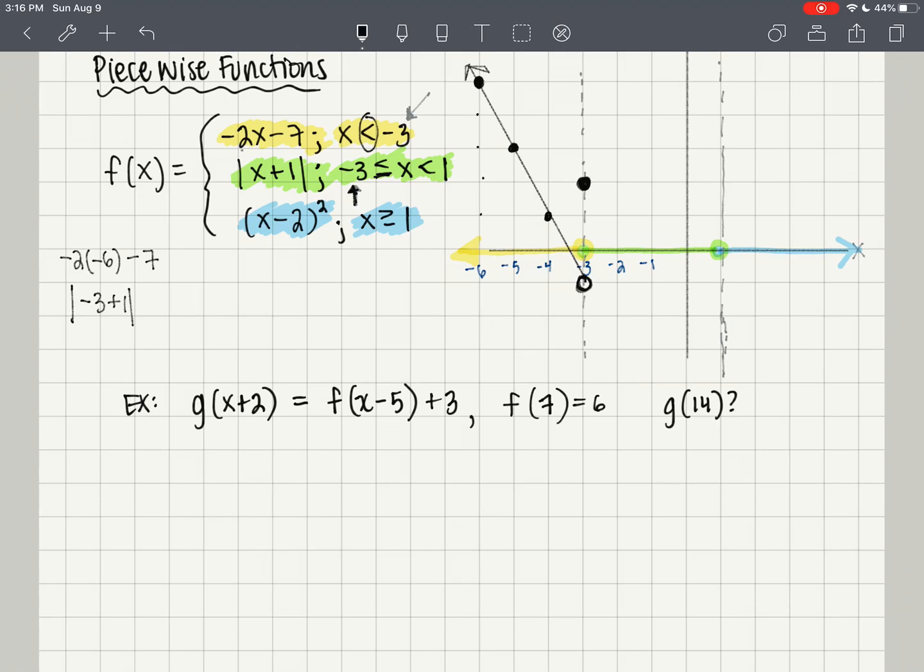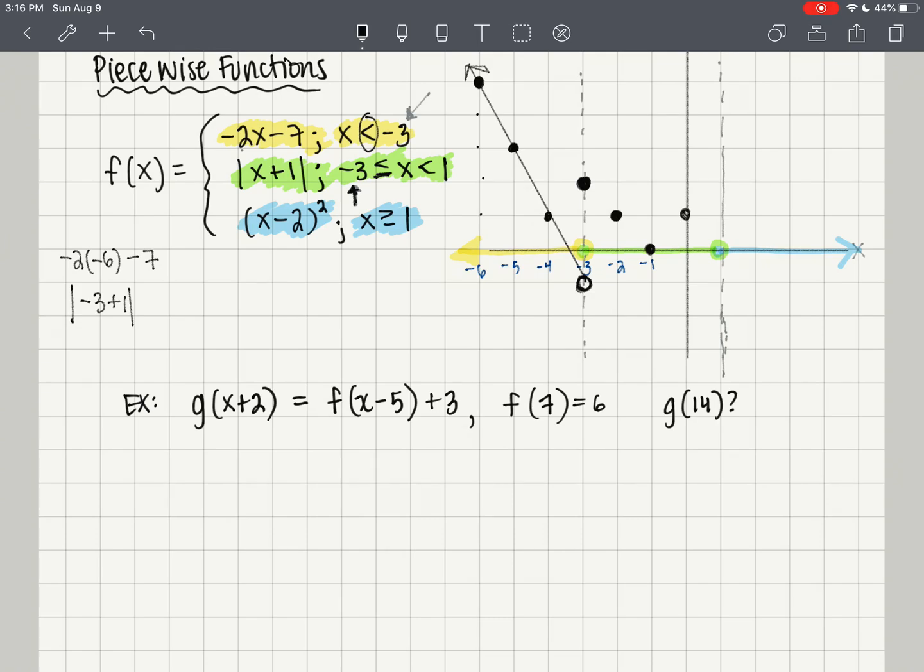Notice how it's going to pass that vertical line test because one circle is open and the other one is closed. When you put a negative 2 in, negative 2 plus 1 is negative 1, and the absolute value of negative 1 is positive 1. When you put a negative 1 in, you're going to get a 0 out. And remember, this is going to continue because look at all that green area from negative 3 all the way to positive 1.